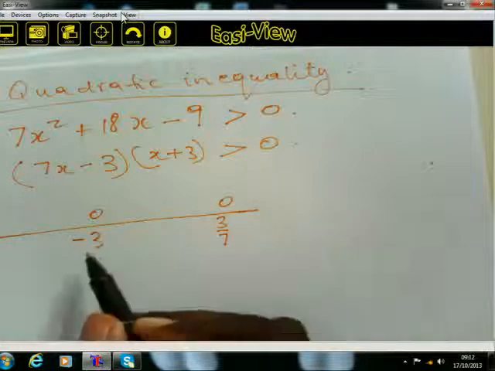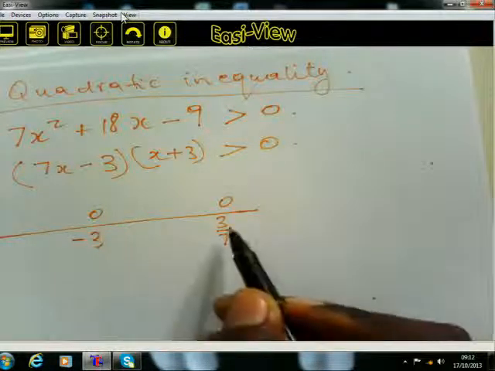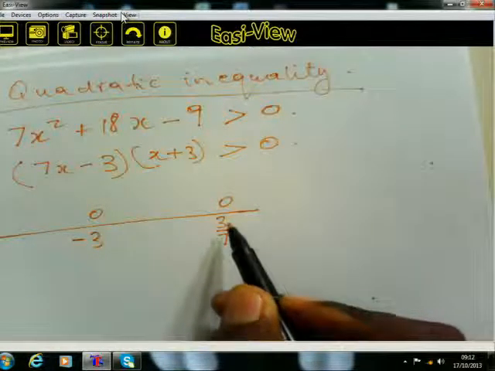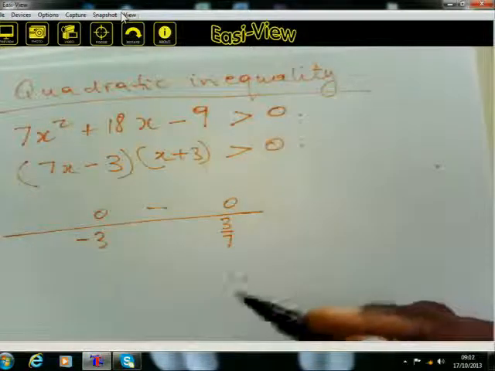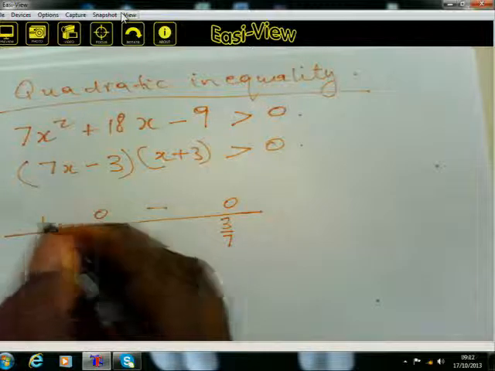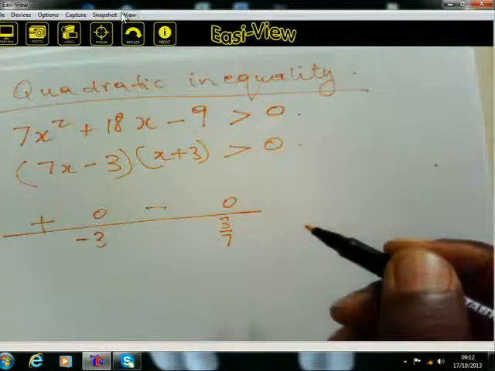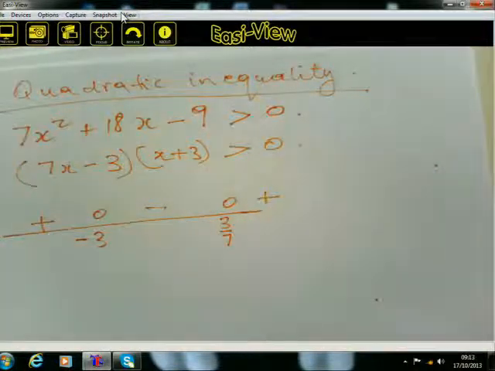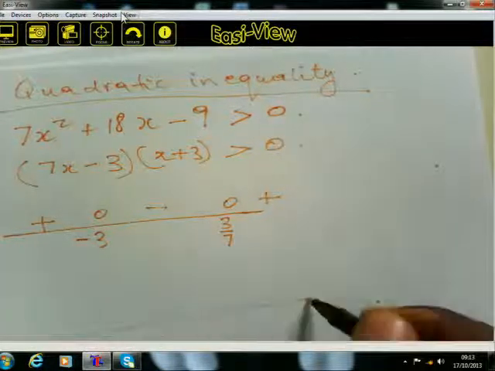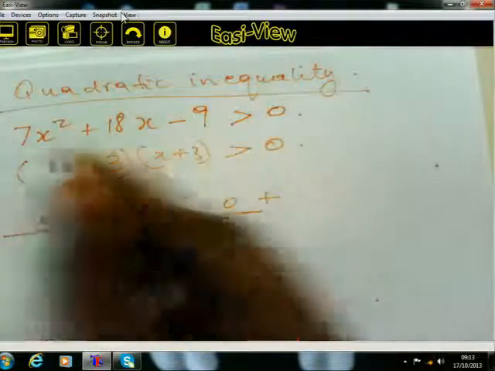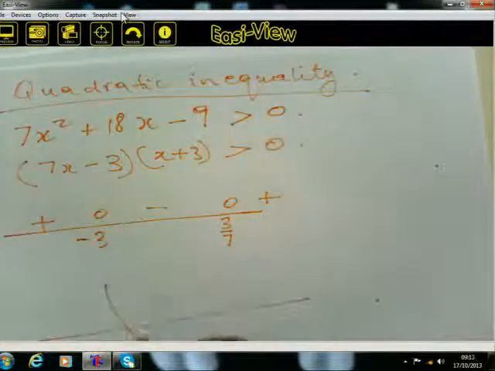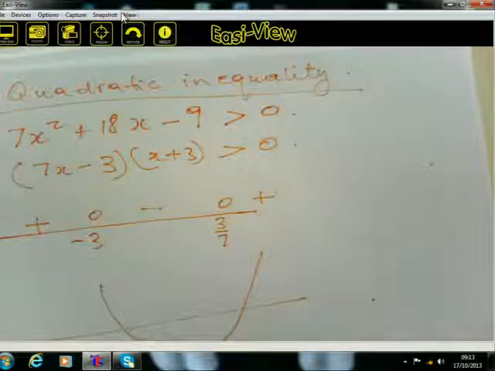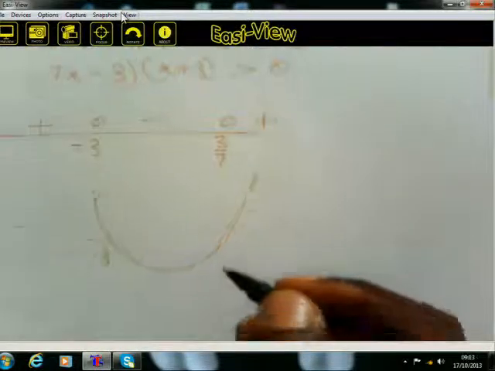So let's check here. From negative 3 up to 3 over 7, then I'm going to have a negative sign there. And then here I'm going to have a positive sign, and there I'm going to have a positive sign also. And then again, when drawing a quadratic function of that, it is going to be like this. This is negative 3.